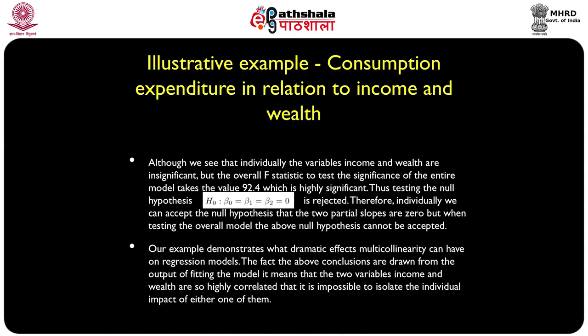Therefore, individually, we can accept the null hypothesis that the two partial slopes are 0, but when testing the overall model, the above null hypothesis cannot be accepted. Our example demonstrates what dramatic effects multicollinearity can have on a regression model. The fact that the above conclusions are drawn from the output of fitting the model means that the two variables income and wealth are so highly correlated that it is impossible to isolate the individual impact of either of them.